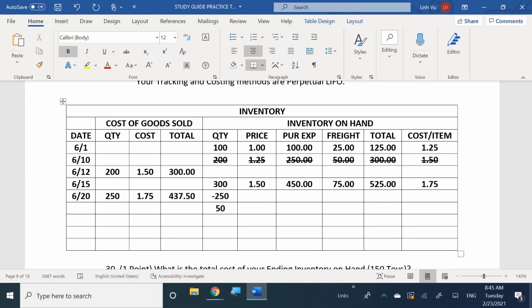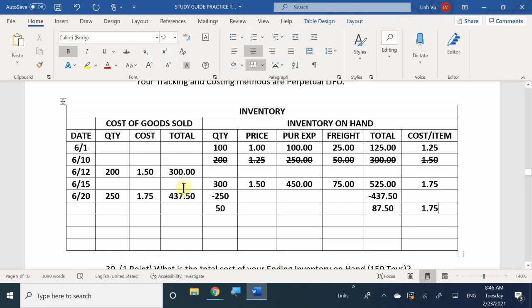And if I'm subtracting $437.50, let me put that negative in there. How much should I have remaining? $87.50. And of course, if you recalculate it, it should still be $1.75.